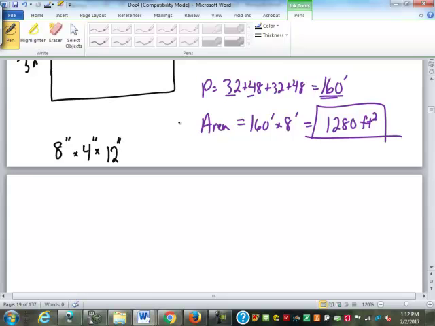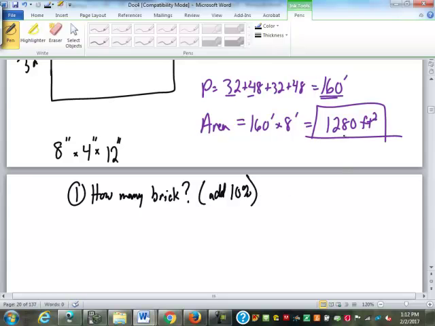So I want to know, number one, how many blocks? I should say how many brick, because this will be brick. And I'm going to add 10% for waste on the brick here.